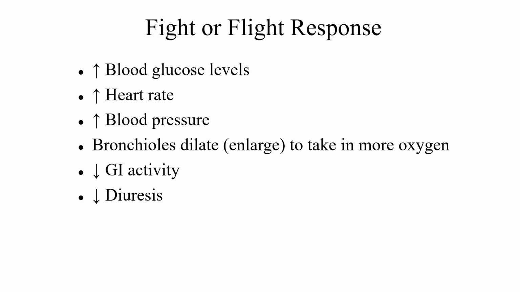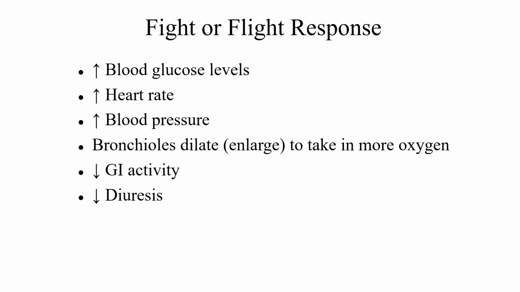And when we do have a fight or flight response, we see increased blood glucose levels, increased heart rate, increased blood pressure, dilation of the breathing passageways called bronchioles. That allows us to bring in more oxygen. So we also see a decrease in GI activity, so that means the gastrointestinal activities will slow down. Diuresis means the formation of urine.